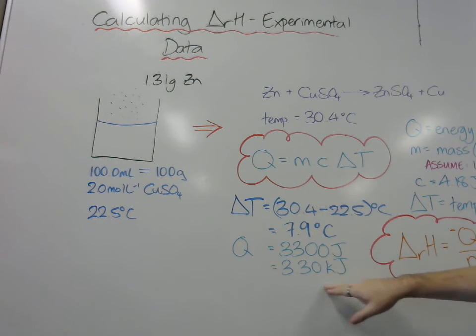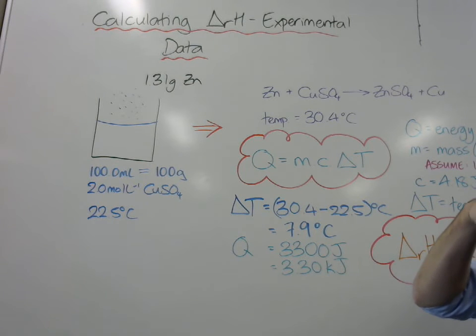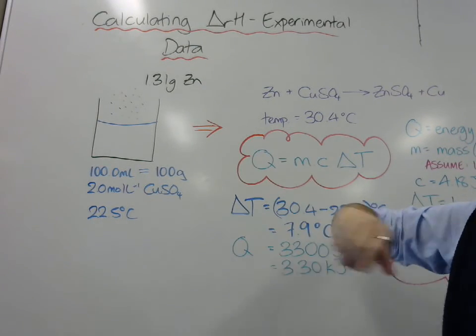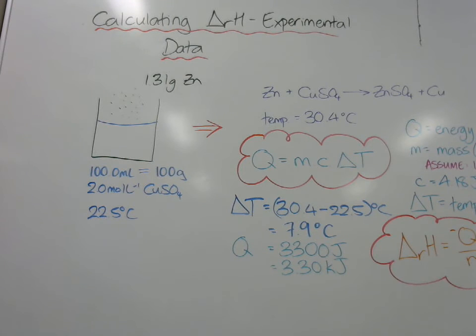If this value goes up, then the value for the zinc must go down by the same amount. Conservation of energy. Can't be created or destroyed. It's being transferred effectively from being in the zinc to being in the copper sulfate solution. So if this number got bigger, for the zinc it must have got smaller, which is why I put the negative symbol there.